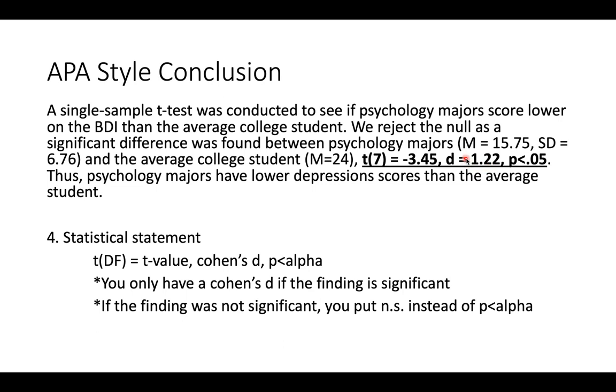It doesn't need to be negative because the effect size quantifies the size of the effect, not the directionality of the effect. And then p was less than 0.05. Remember, our alpha was 0.05. What this is telling us is that the probability, the p, of our results of getting a t of negative 3.45, the probability of that happening was less than 0.05.